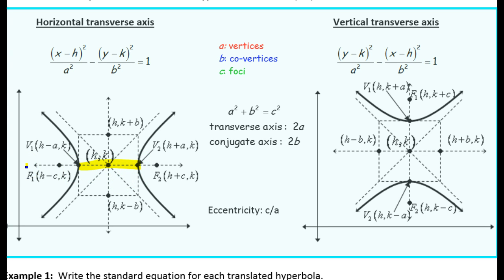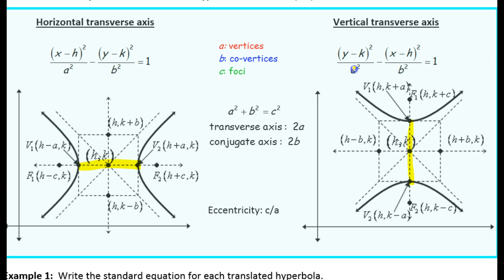So when I talk about a horizontal hyperbola, you can think about the transverse axis being horizontal. Anyway, if the hyperbola is horizontal like this one, the x term will be first. If the hyperbola is vertical like this one, then the y term will be first. Notice that we always have this fraction minus a fraction equals 1.